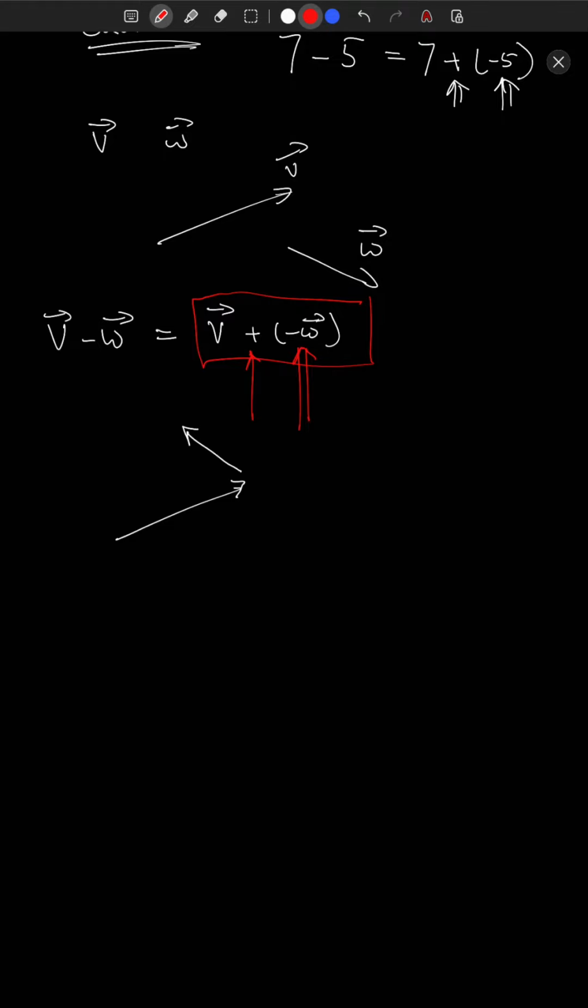All right, and let me emphasize this by writing w is in exactly the opposite direction. This one, sorry. So this is minus w here, and this is my v. And then v minus w is exactly v plus negative w. So it's going to be this one.